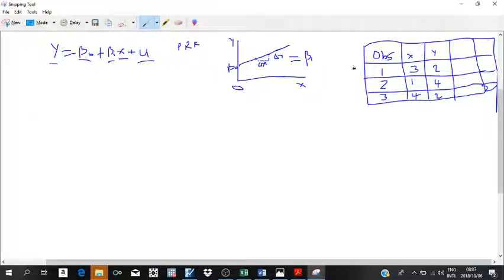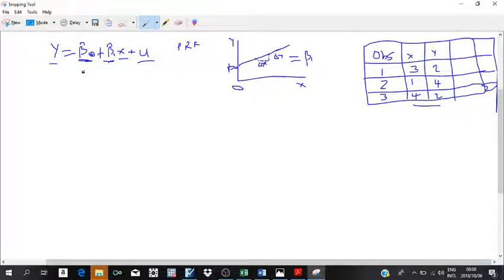Now, with this data set, the ordinary least squares helps us get the values of these unknown parameters. In other words, the OLS will get the estimates of beta naught and beta 1. So we have beta hat naught and beta hat 1, right?